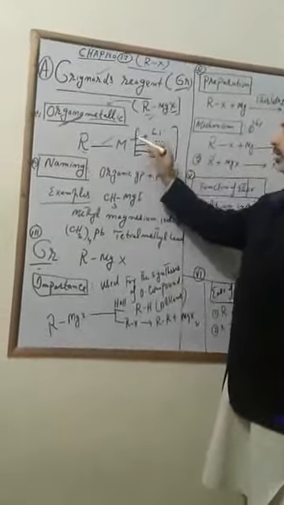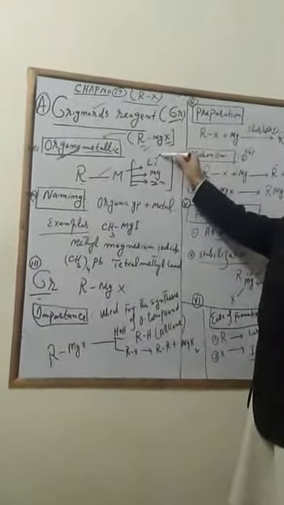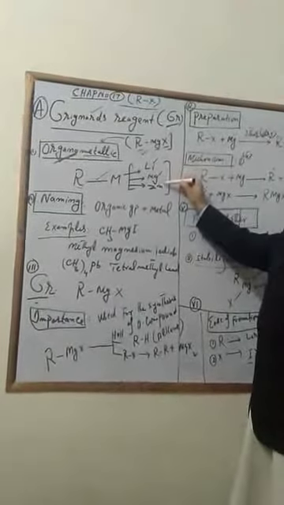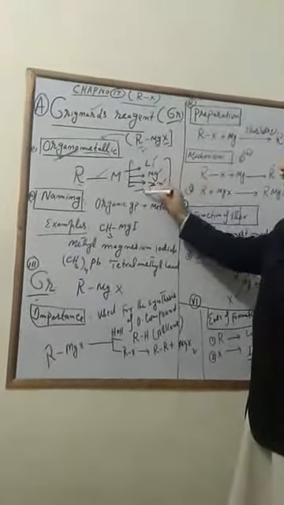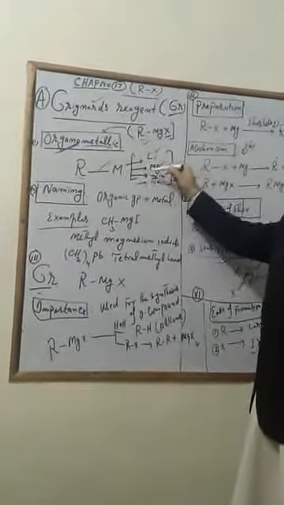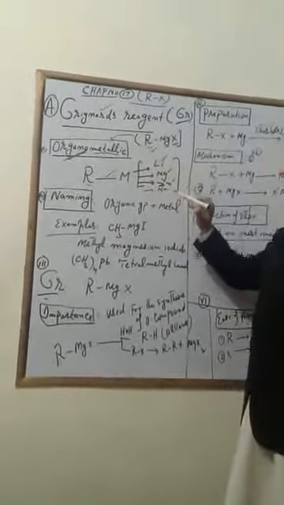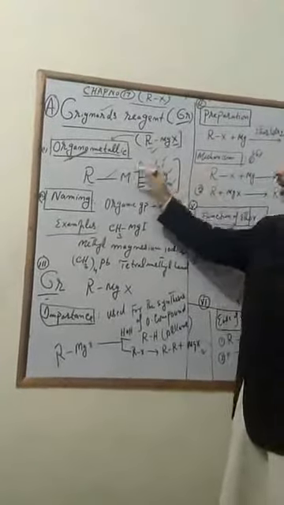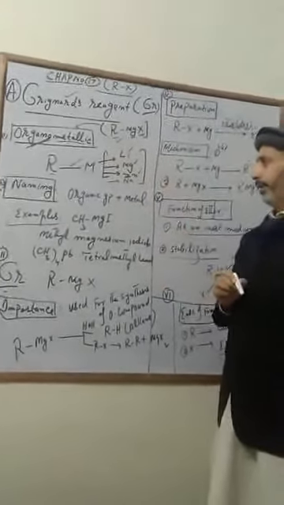Mostly the metals which may be present in organometallic compounds are lithium, magnesium, zinc, sodium, and so on. These are the metals which may be present in the organic compound, and hence they are known as organometallic.